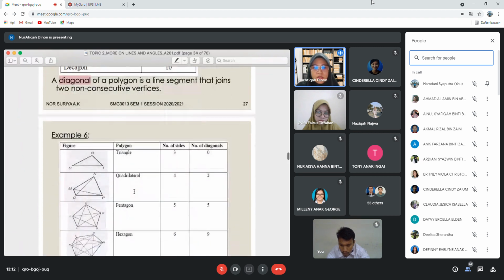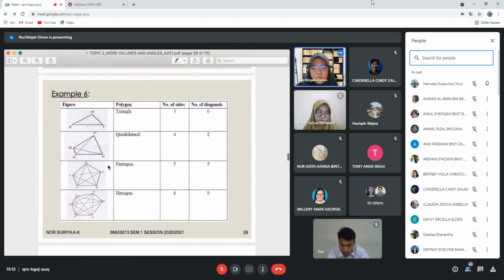Let's look at an example here. This is a triangle, number of sides 3. RST are the 3 vertices of the triangle, but when we connect two vertices, we just draw a side of the triangle. So there are no diagonals for triangles.